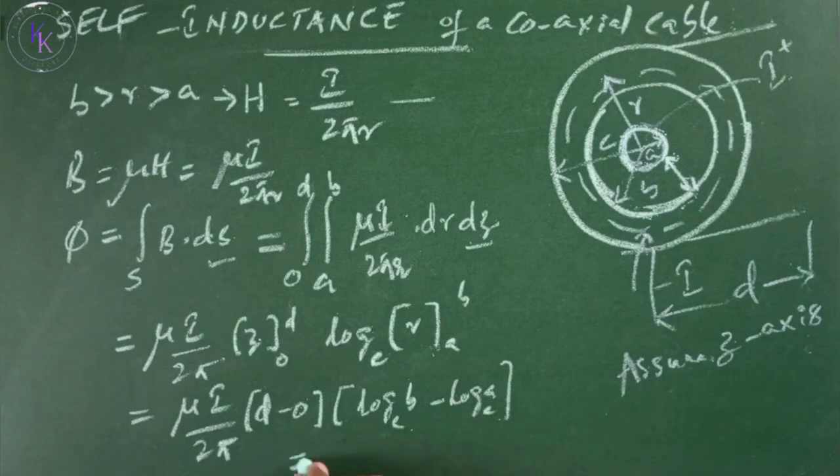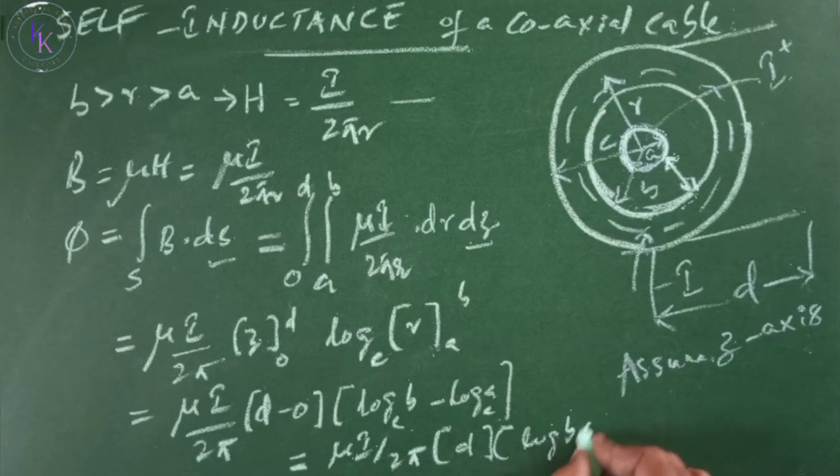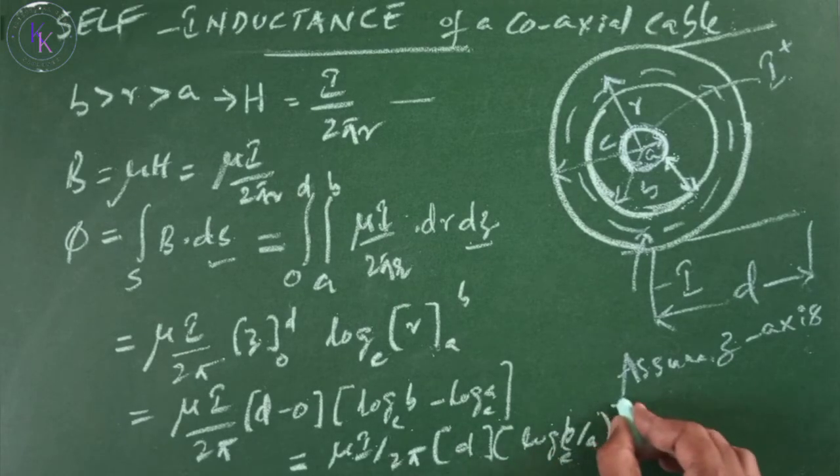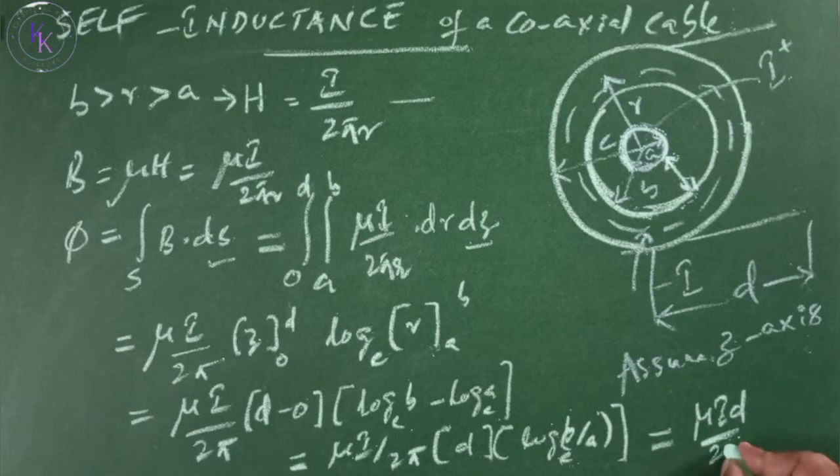Then this equals mu I divided by 2 pi times D times log B by A to the base e, which equals mu I D by 2 pi log B by A to the base e.